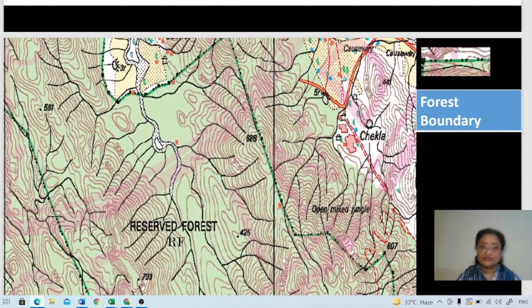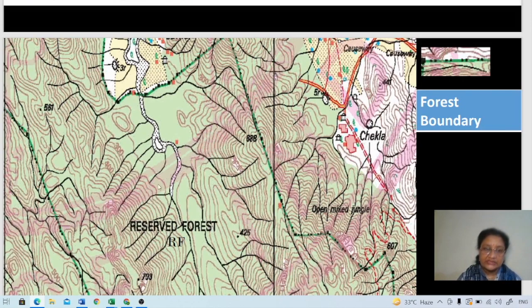Now come to the forest boundary. Again, the forest boundary is something very important for you. What is the forest boundary here? You can see the green line where I am showing you the cursor, and black dots, showing the forested area is till this level. That means this is the limit, or boundary, of the forested area. Which forested area? Reserved forest.